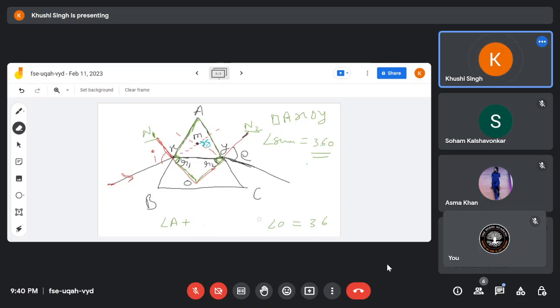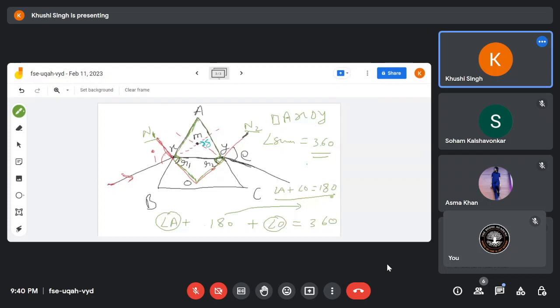So I will write it as angle A plus 180 plus angle O equals 360. That means angle A plus angle O is equal to 360 minus 180. Answer is 180, right? Check. Till now is fine.